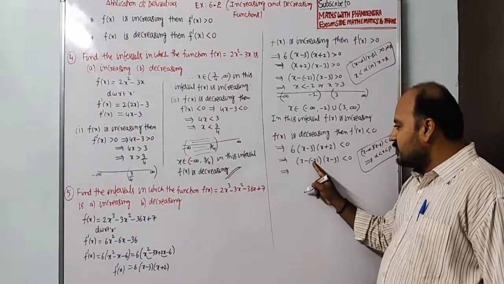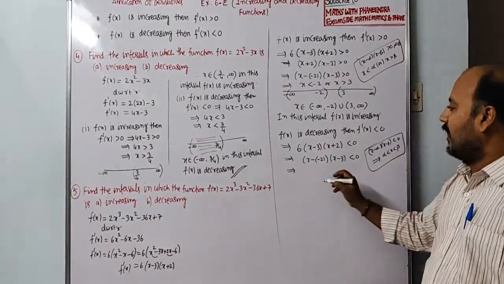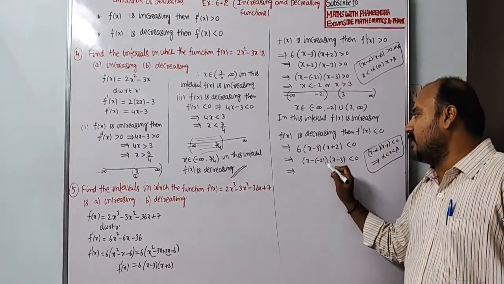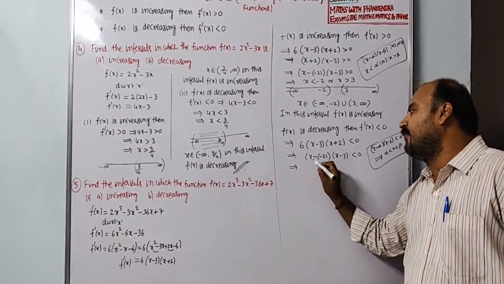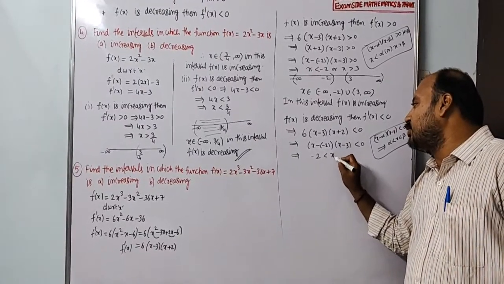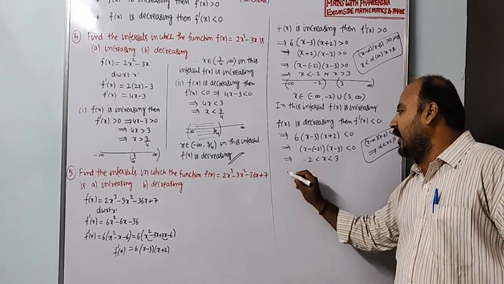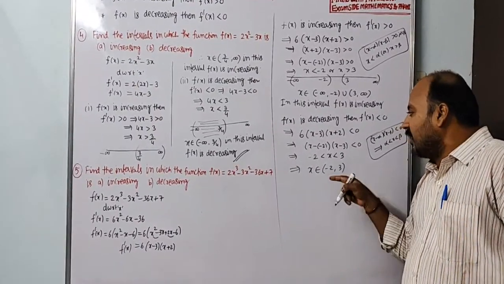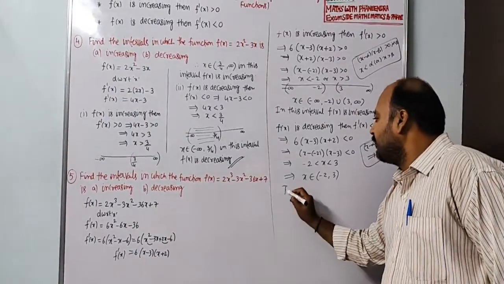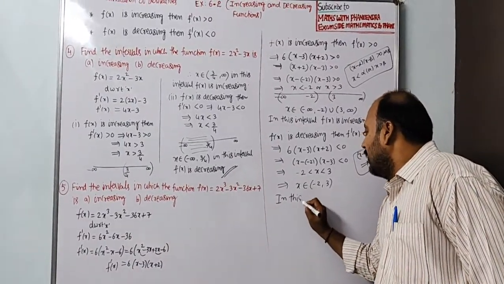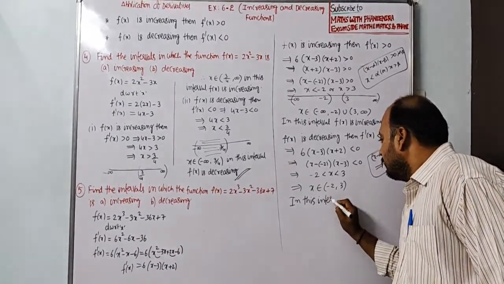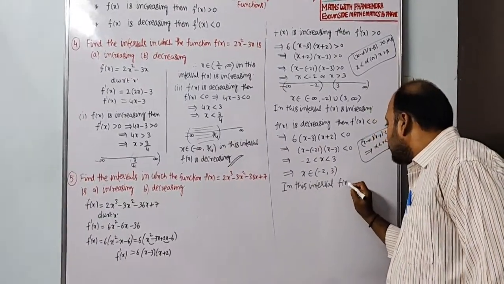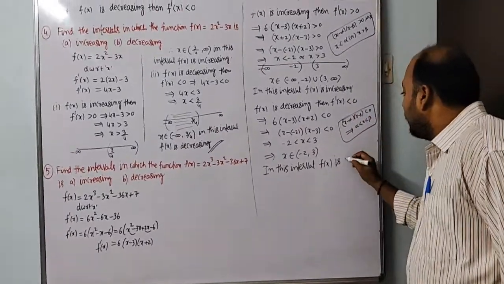Here alpha is minus 2 and beta is 3. So x lies between minus 2 is less than x is less than 3. That implies x belongs to open interval minus 2 comma 3. In this interval, f of x is decreasing.